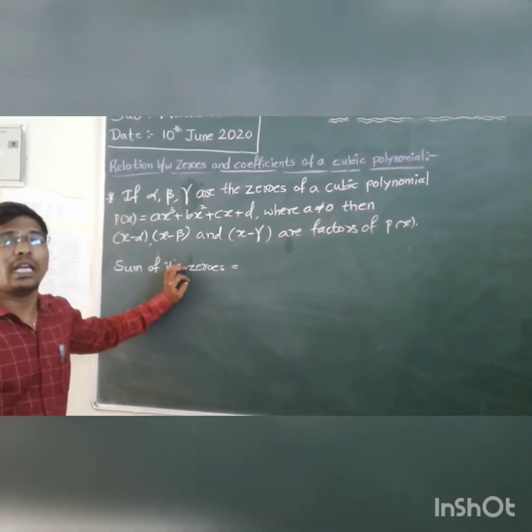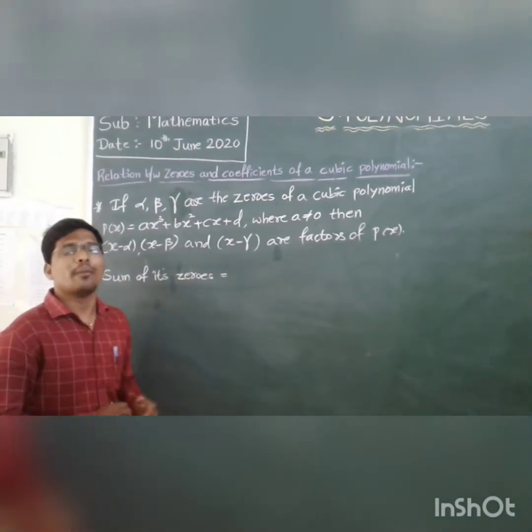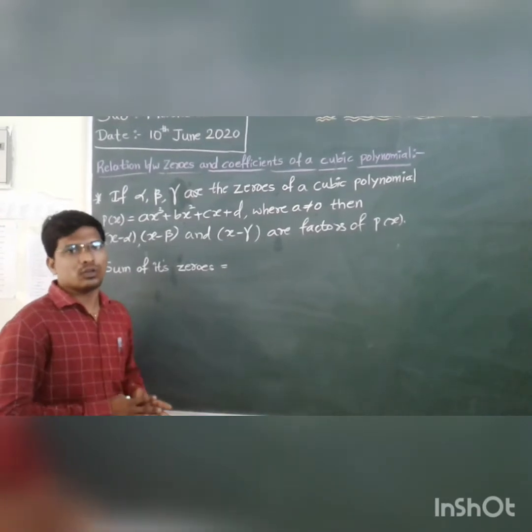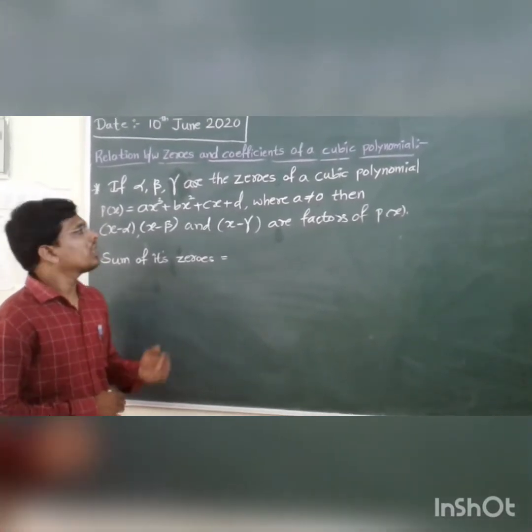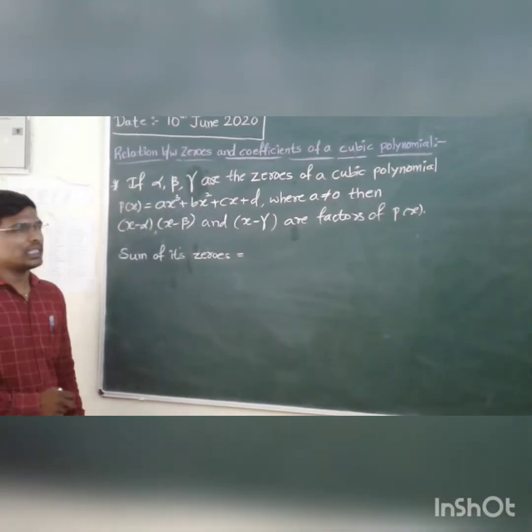For a biquadratic polynomial, the degree is 4, so how many zeros will it have at most? 4 zeros: alpha, beta, gamma and delta. In the same way, for a cubic polynomial we have at most 3 zeros.